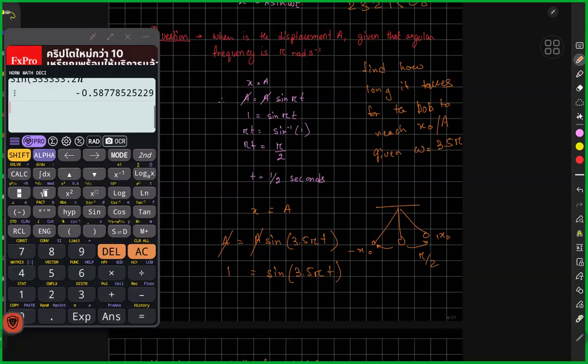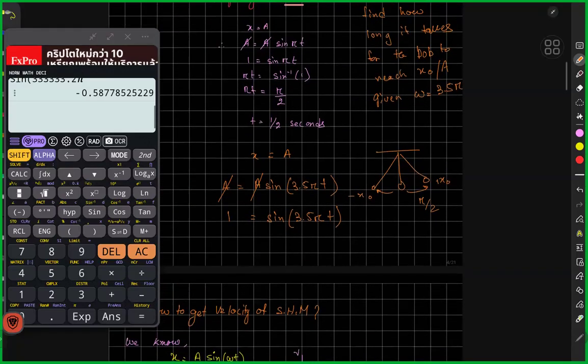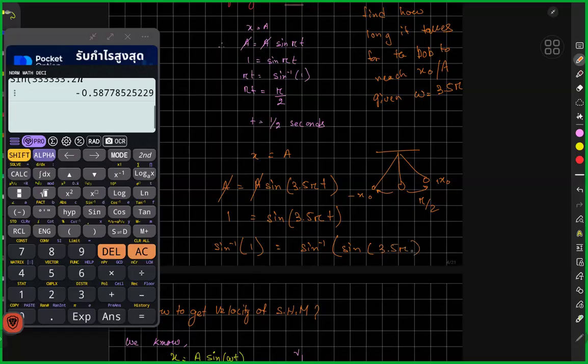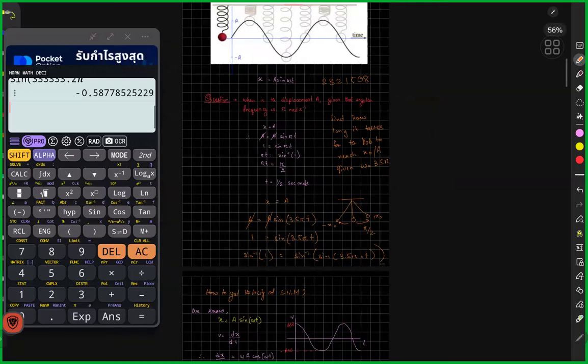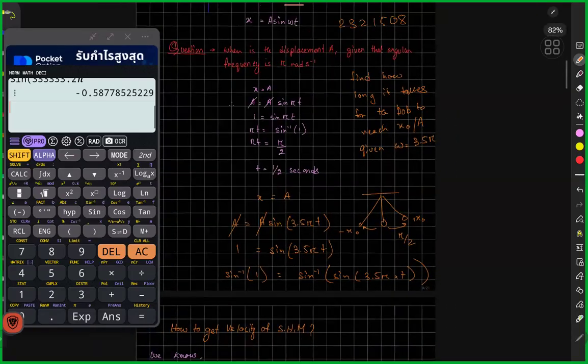Can I take sine inverse? Yes, I can. I take sine inverse on either side. I'm just showing all the steps; I would make a shortcut, but I'm showing the steps.